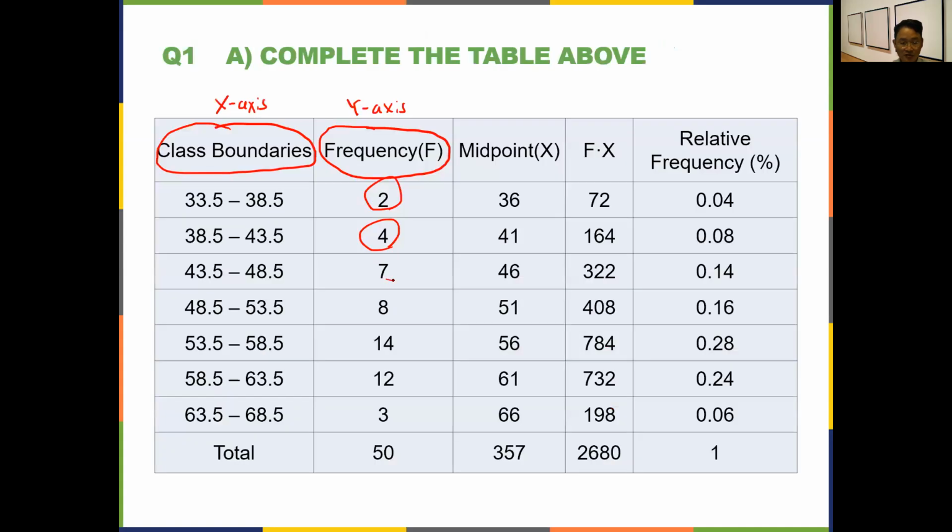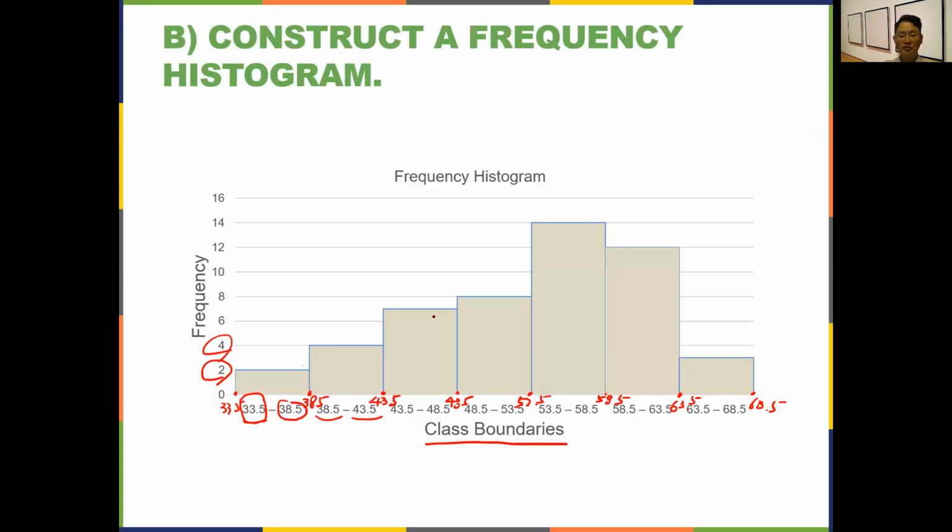Let's double check. Yes, it goes up to 7. Now 8, 14, 12, and 3. So, yep, 14, 12, and going back to 3, just like that. I used Excel to draw this, so it doesn't have this axis, but if you graph it by hand, then you will have this X and Y axis just like that.